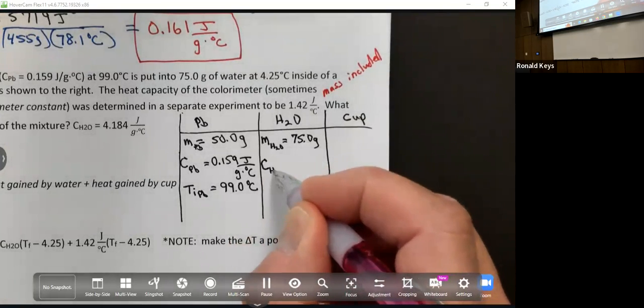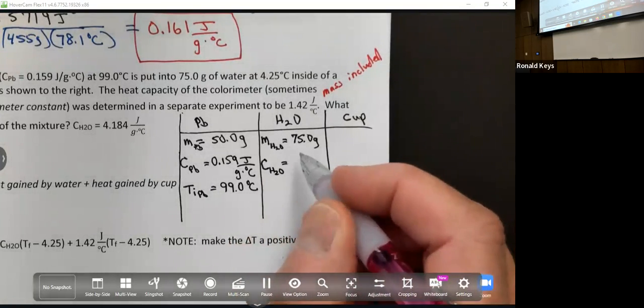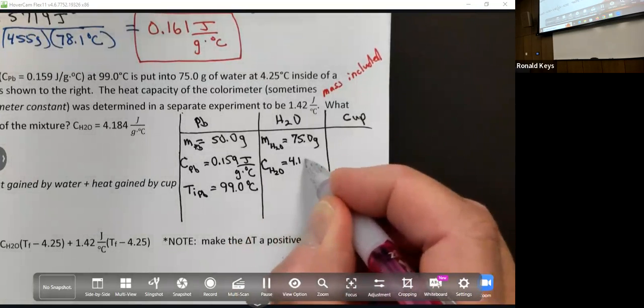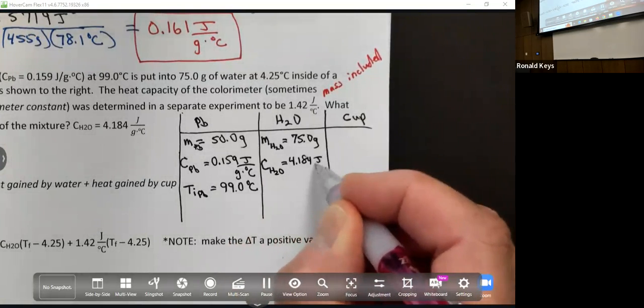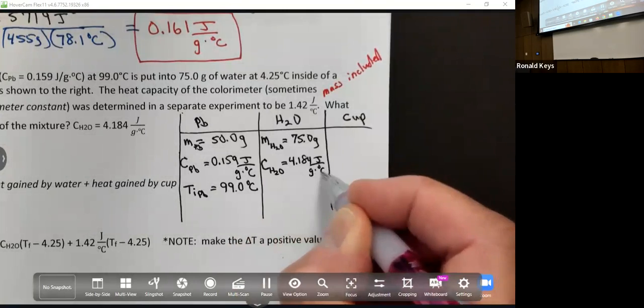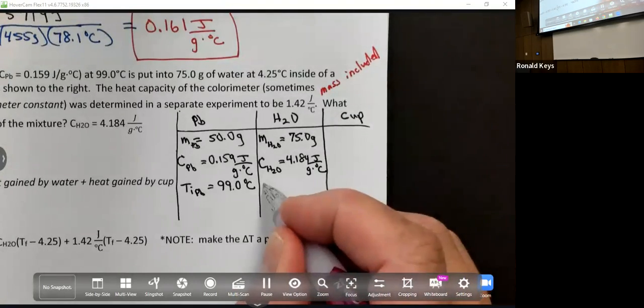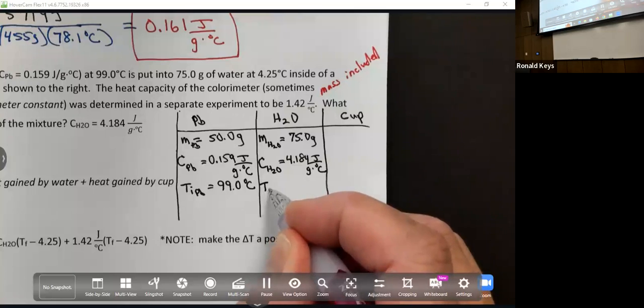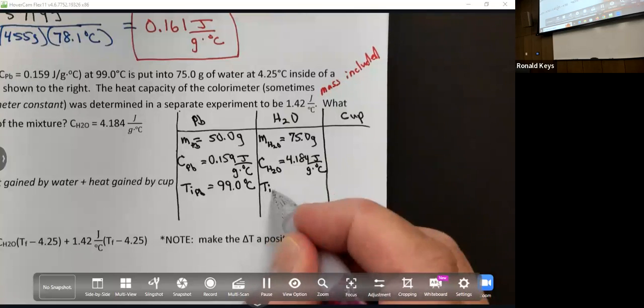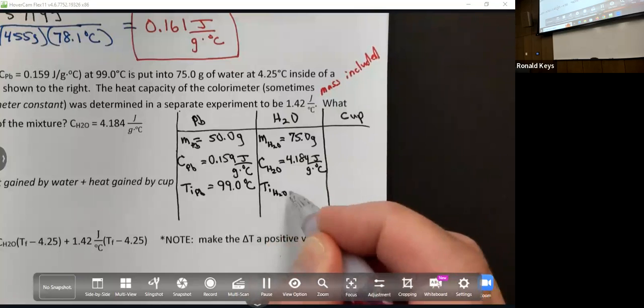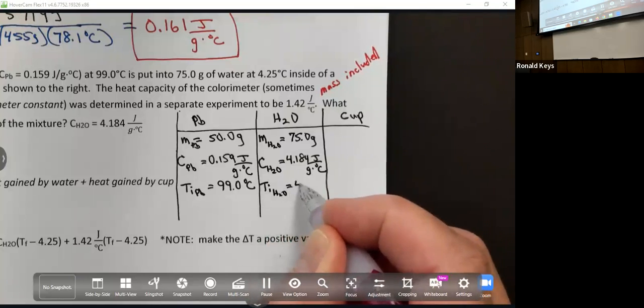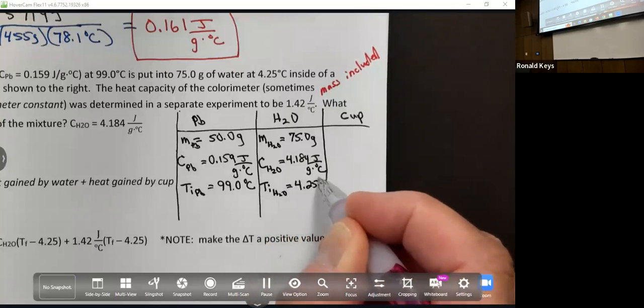My specific heat of water is 4.184. And the initial temperature of my water is 4.25.